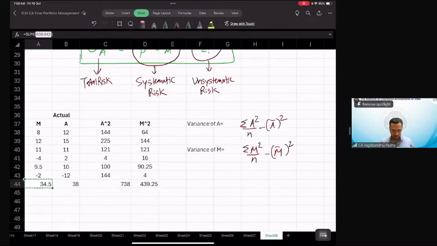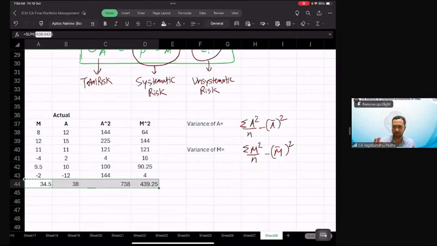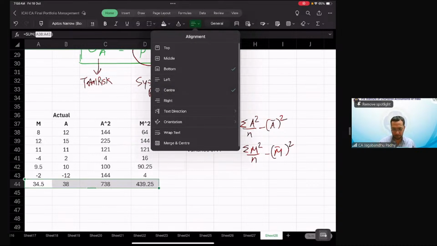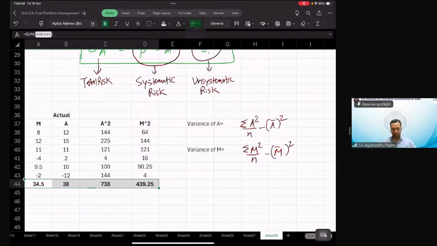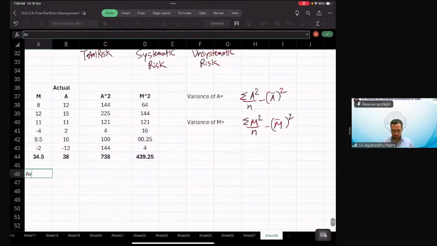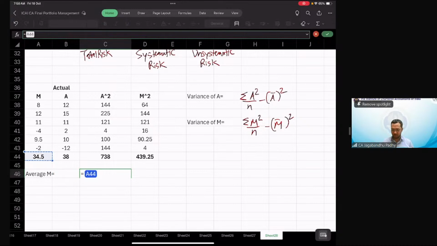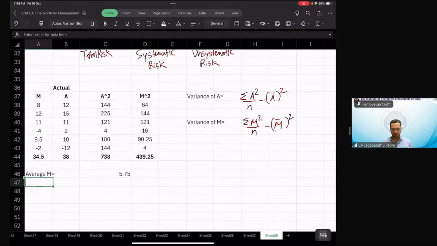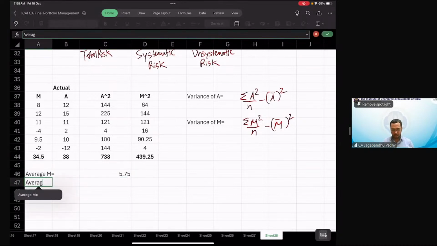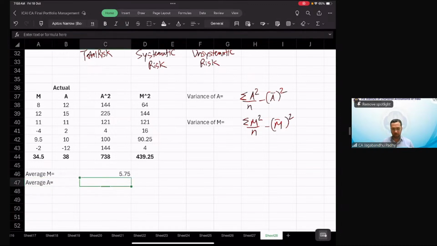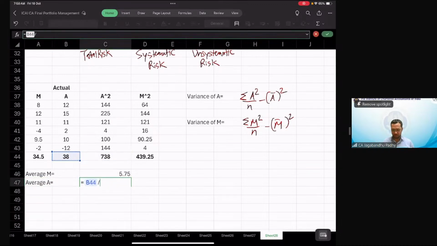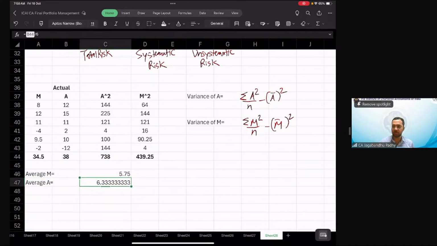We've got the summation, and I think we've got the averages also earlier. Average M is 34.5 divided by 6, and the average A is 38 divided by 6, which was 6.33.